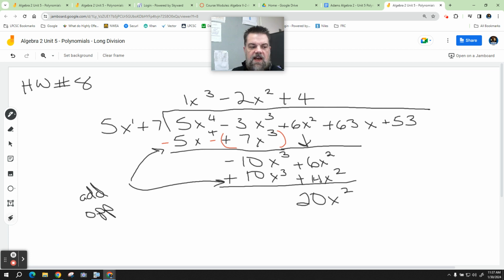Okay, next step. What do I multiply x to the first power by to get x to the second power? Yeah, x to the first power, right? Just put x. You could think of it as x to the 1, right? There's no harm in thinking of it as x to the first power. You could even write it down. I don't care. But anyways, now we multiply it out.